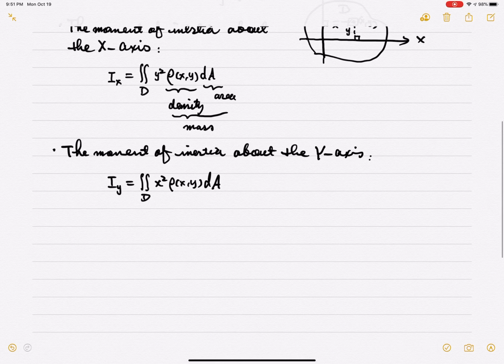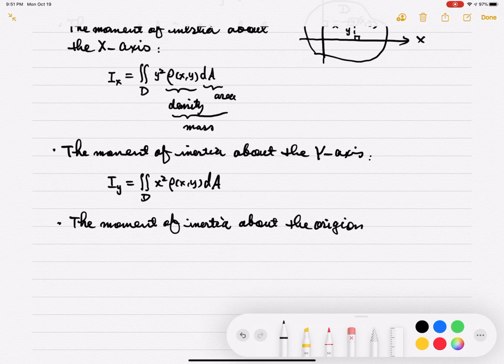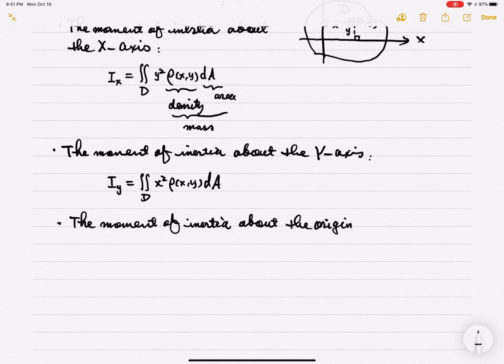And then thirdly, we have the so-called moment of inertia about the origin.